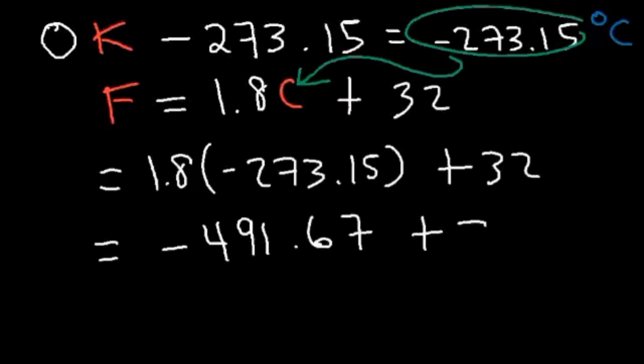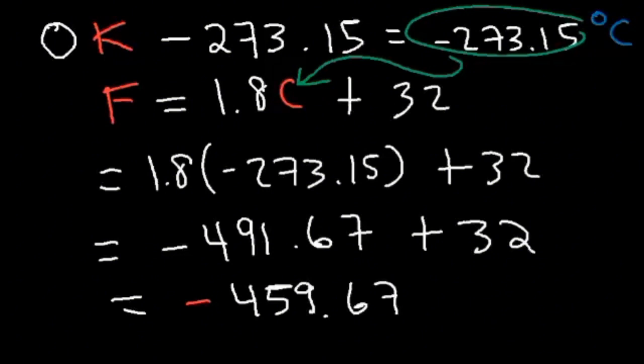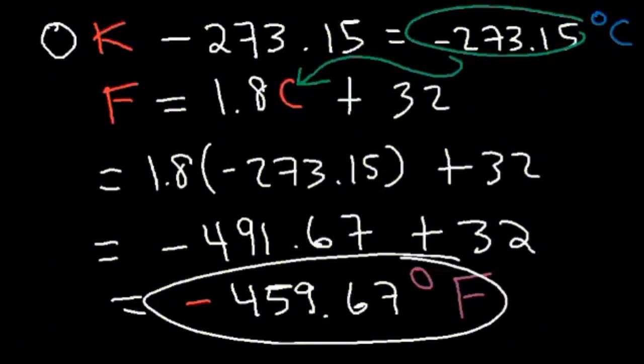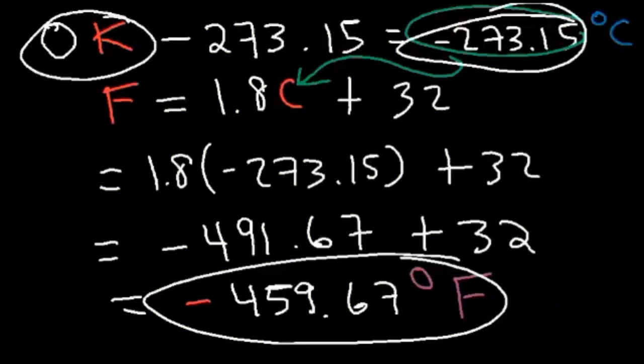So let's add 32 to this particular number. So you should get a temperature of negative 459.67. So this is the Fahrenheit temperature at absolute zero. So the coldest temperature in Fahrenheit is negative 459.67. And the coldest temperature in Celsius is negative 273.15, which is equal to absolute zero, or 0 Kelvin.